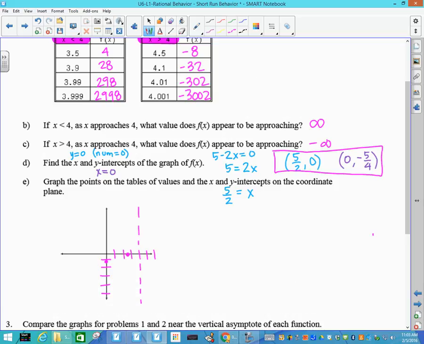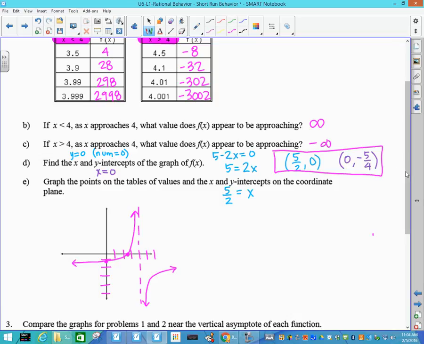So I know when I connect these that I'm going to go like this towards positive infinity. Okay, on the right side, it's going to negative infinity. I already have an x-intercept right here, so I also know I'm not going to cross that. So basically, again, we're just sketching. We're going to get into more detail after the next lesson. So that's what I want you to have, just a sketch on your graph.